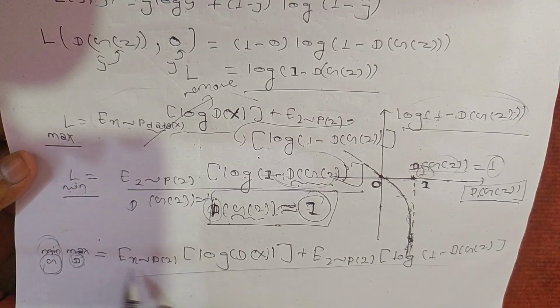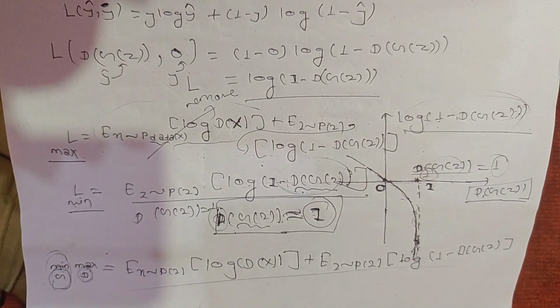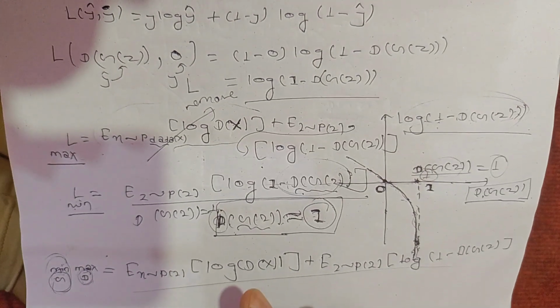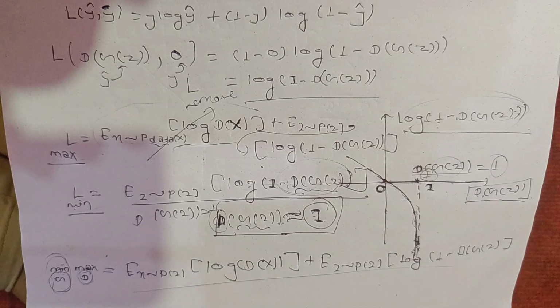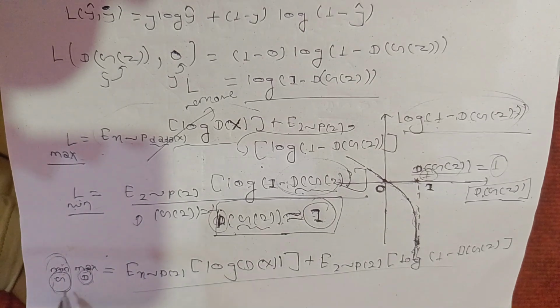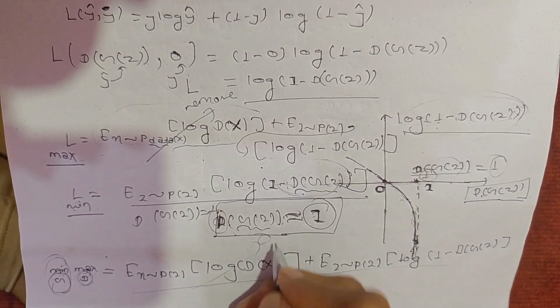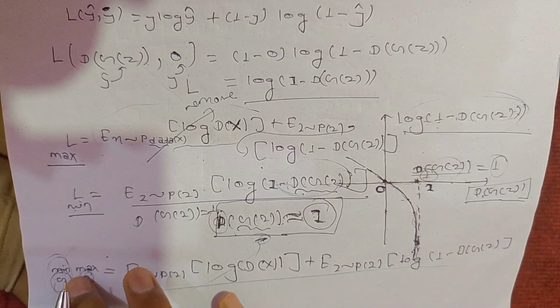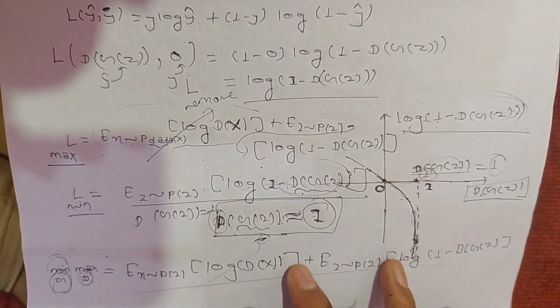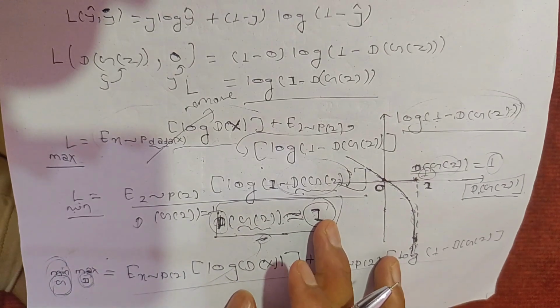While minimizing for the generator, we will not consider this term. We write it for compactness, to represent both things together. For the generator we can just remove this term, and for the discriminator we consider both of these terms. This is the compact representation of the GAN loss.